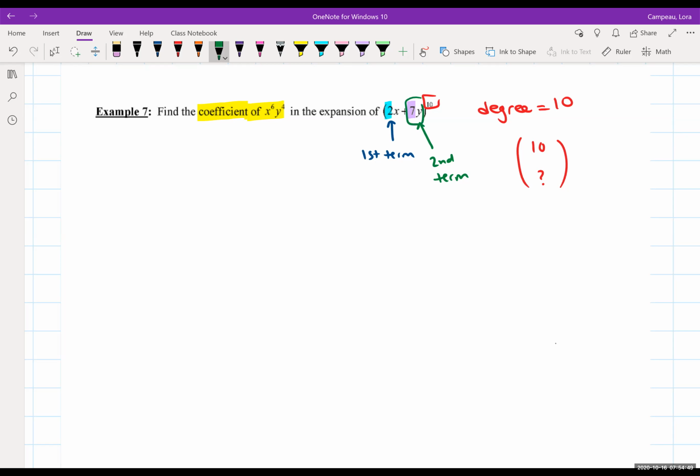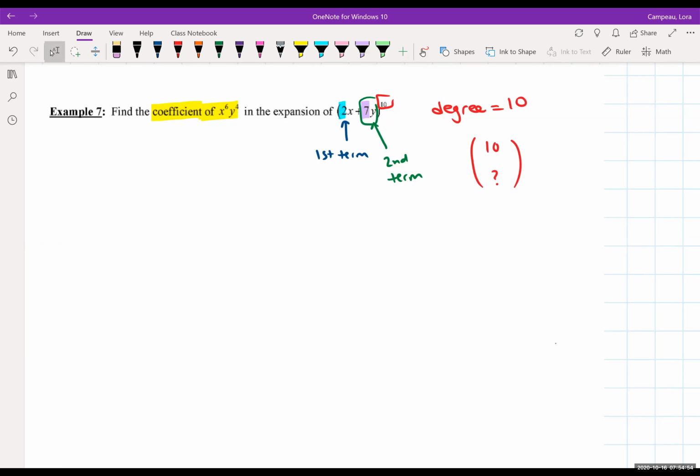So we have 7y. And if we are expanding out, whatever our term happens to be, we're going to have 2x to some power, and we will also have 7y to some power. And lucky for us, we already see that that power of y is a 4.